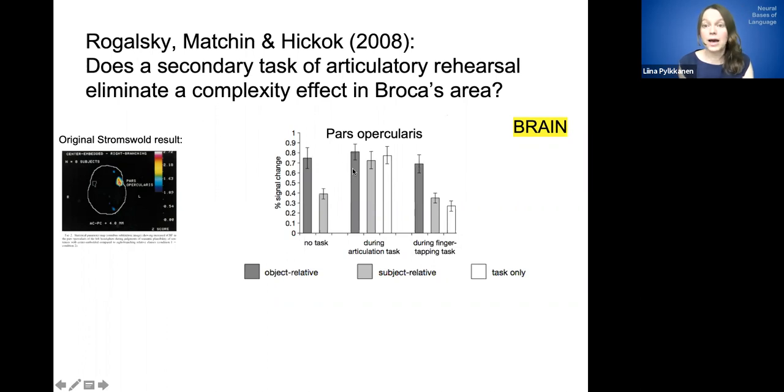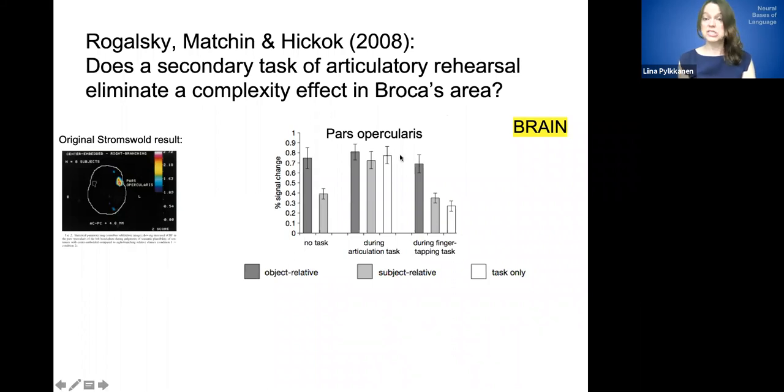But here in the middle, we have our crucial data then. So now, again, object relatives, they're still high, but what's happened was that the subject relatives have shot up as well. So remember, for the whole time here, you're doing that articulation task. So now, if Broca's area is a production area, this result makes sense because now, even during the processing of the easy expression, you're engaging the production system, and so you get this increased activity.